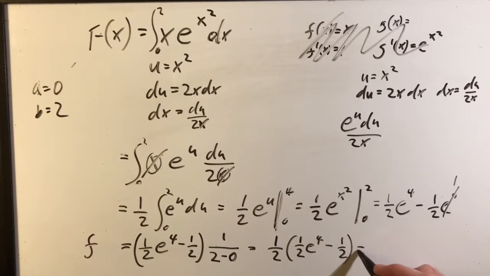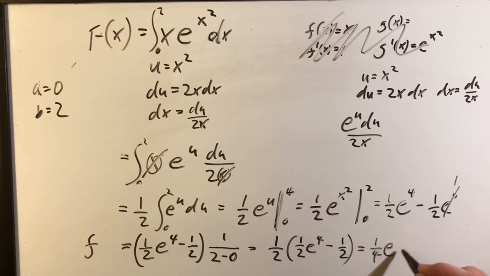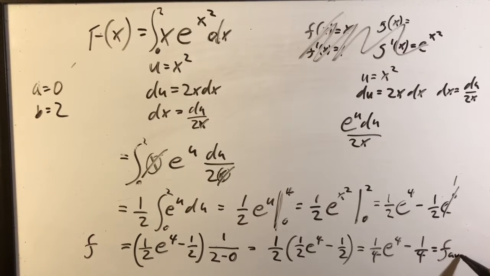Just distributing through, it's going to be 1/4 e to the 4th minus 1/4. And that is the average right there.